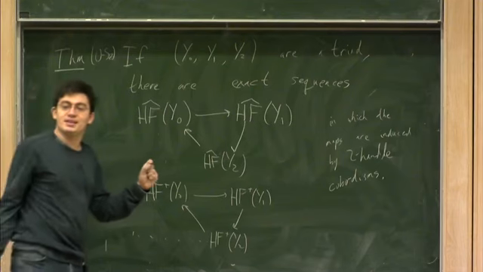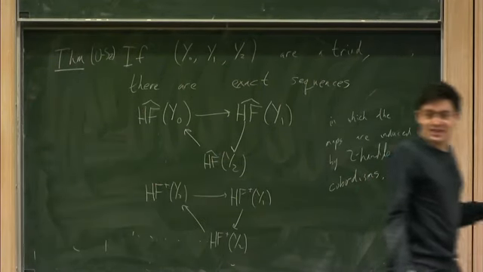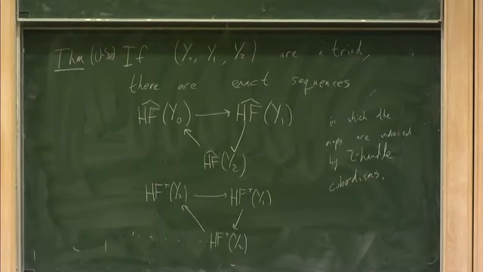Let's not focus on that situation. Let's stick with the other possible situation, the case where they all have first Betti number 0. That would correspond, for instance, to starting with a knot in S3 or a knot in a homology sphere, doing n surgery and n plus 1 surgery, where n and n plus 1 are both not equal to 0.